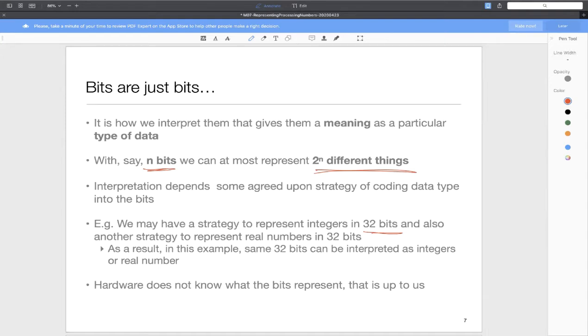I can use the same thing to represent real numbers, right? What are the different ways we write real numbers in our standard arithmetic? Anyone? Like decimals, roots, fractions. Fractions, okay. Scientific notation, okay.